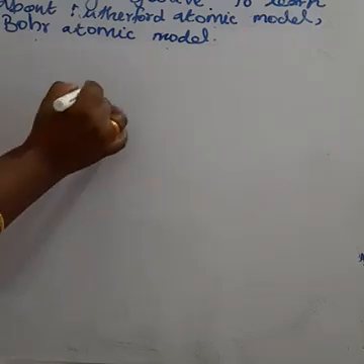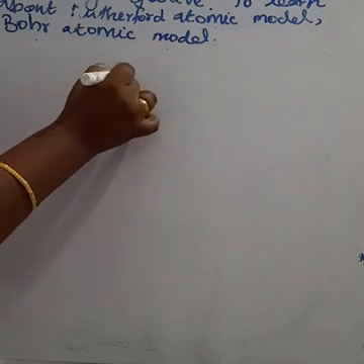And he does not explain the stability of an atom. He said that with high speed, electrons revolving around the nucleus finally collide with the nucleus.